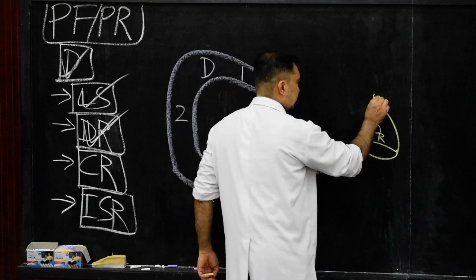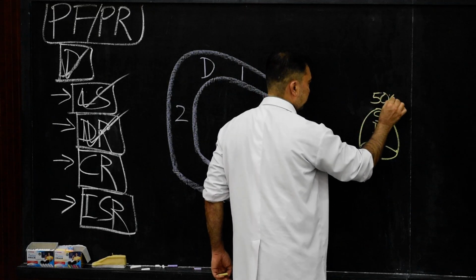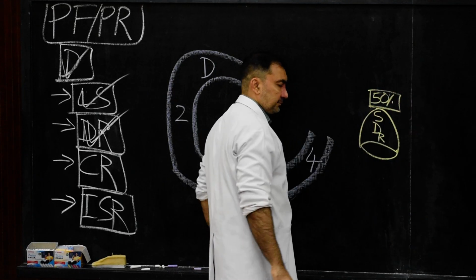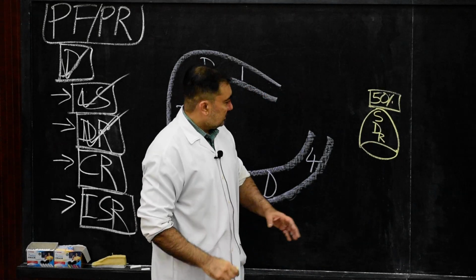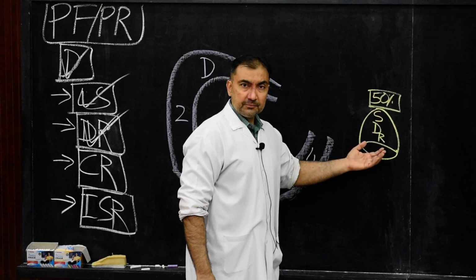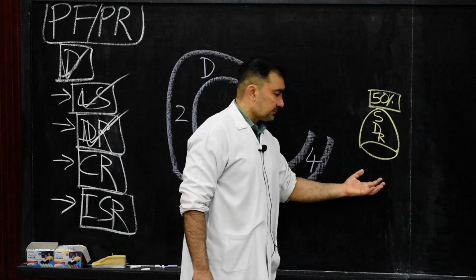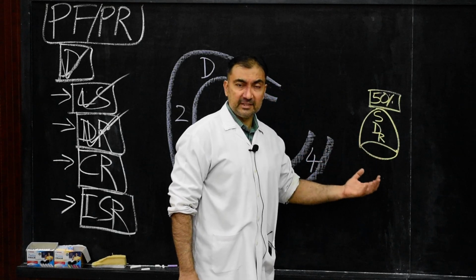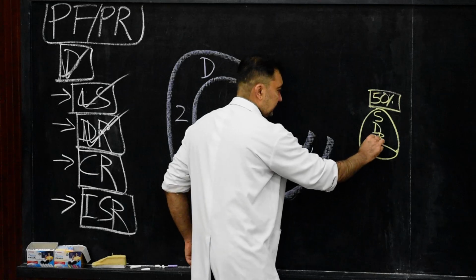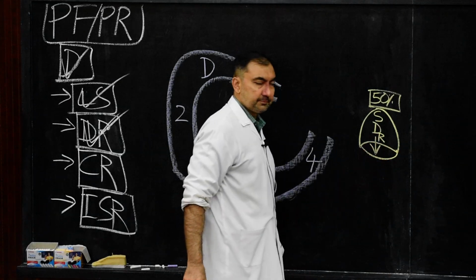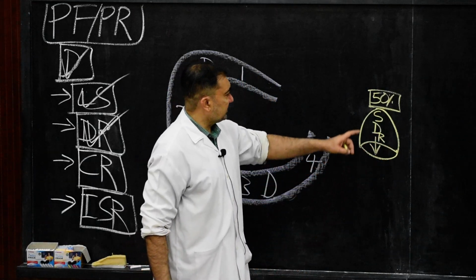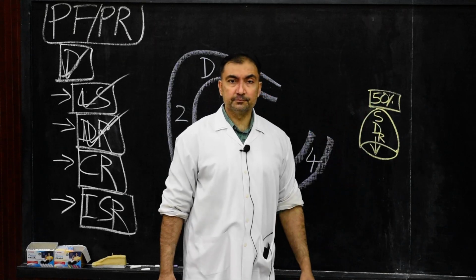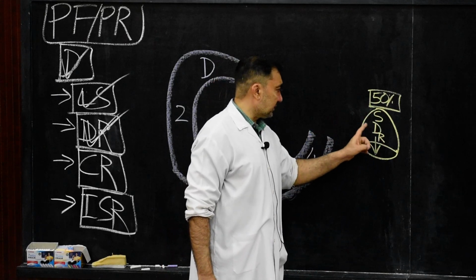We have to remember this 50%. The orifice of this recess is looking downwards. That point also we need to understand: the orifice is facing downwards, and it is present in 50% of the subjects. This is known as superior duodenal recess.